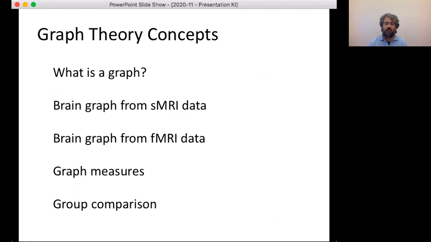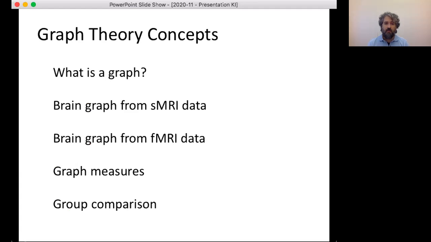Okay, so I tried to give you a very, very quick and brief introduction to graph theory concepts to apply to brain connectivity. I first of all explained a bit of history where the concept of graph theory comes from, and it goes back to Euler. Then I showed how one can construct brain connectivity graphs, starting from structural and functional data, obtaining in one case some connectivity graphs at the level of groups of patients, and in the second case at the level of individual patients.